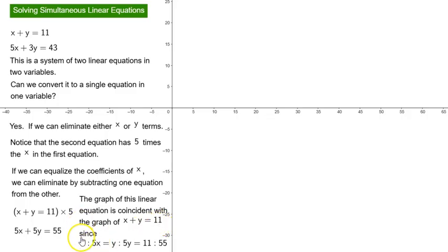Since, as in the previous session we saw, if the ratios of the coefficients of x and y and the constant are in the same ratio, then the graphs of those equations are coincident.